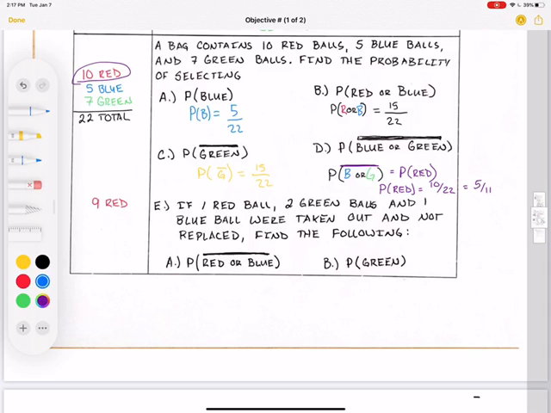You took out 2 green, so that's going to leave us with 5. And you took out 1 blue, so that's going to leave us with 4. For a total of 18.